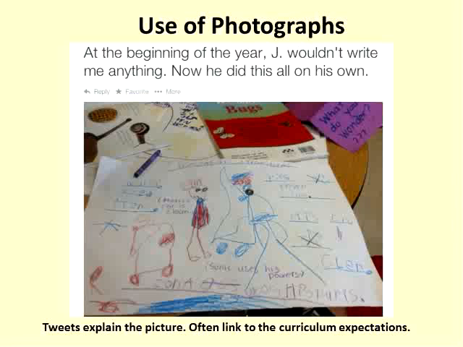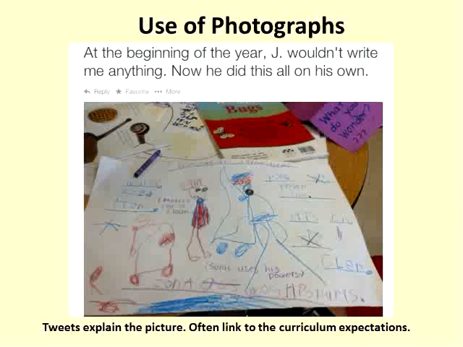In this particular case, I took a photograph of what one of my students had done. You'll see in my photos I often use initials, which I did here, and then I was able to not only share the picture, but also share a little bit of information about the growth of this particular student. At the beginning of the year in September, this student would not write me anything, not even a single letter on the paper.